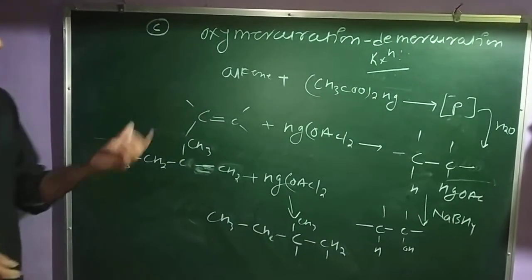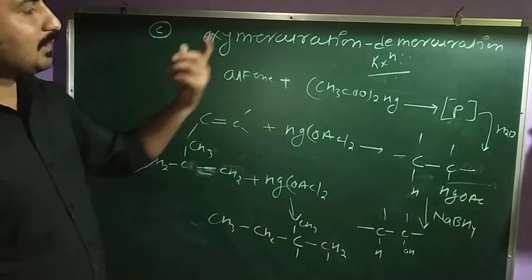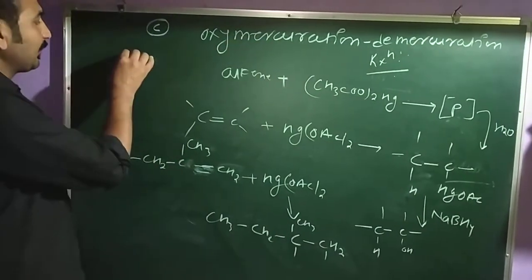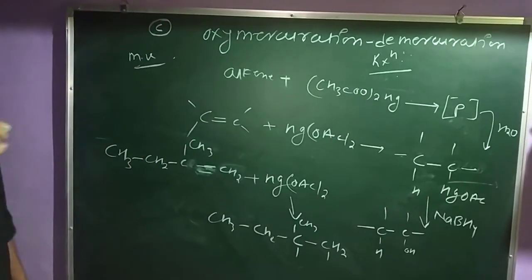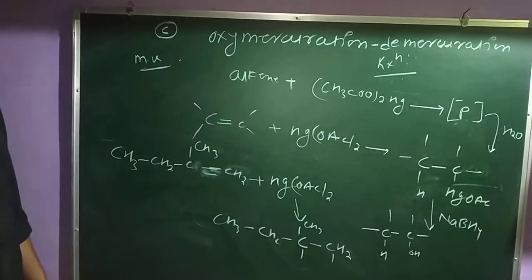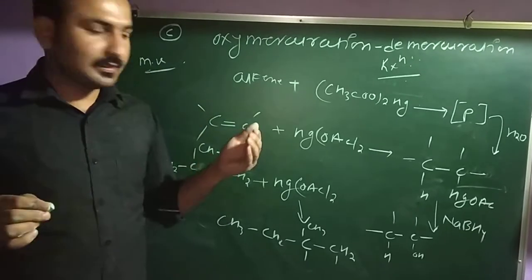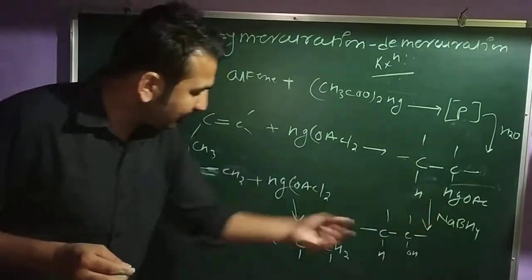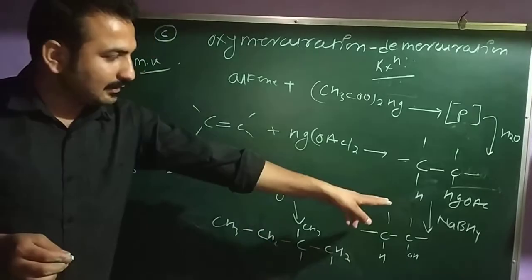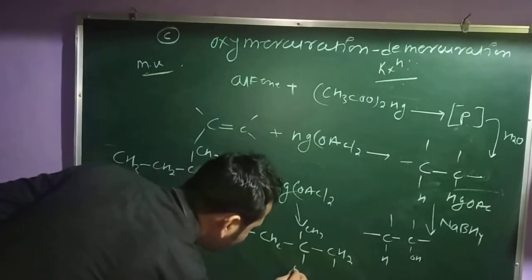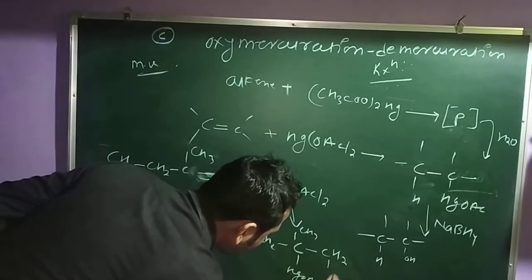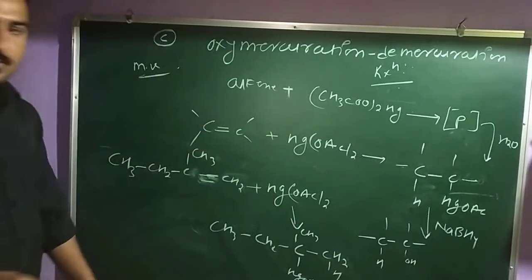So remember, this oxymercuration demercuration reaction goes according to Markovnikov rule. Clear? Goes according to Markovnikov rule. If we have to go according to Markovnikov rule, here you have 1 H and 1 HgOAc. Where will it attach? Here is HgOAc and here is H. Why?